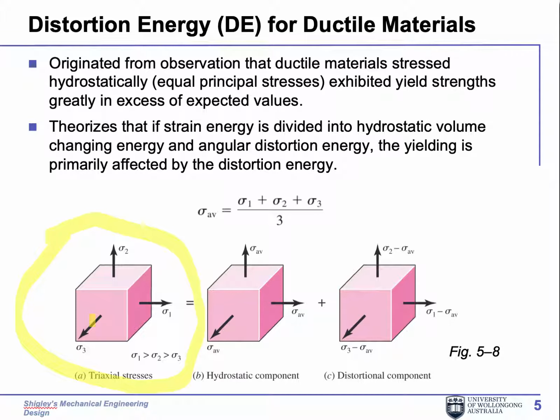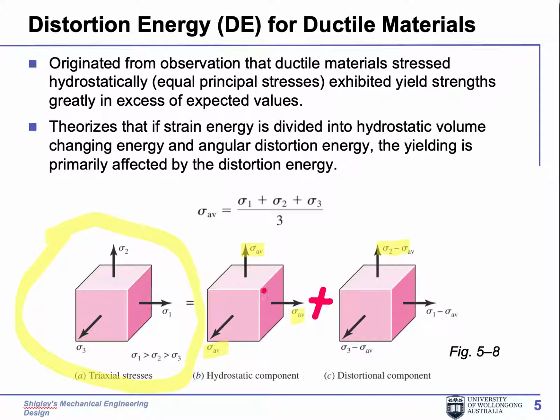We can split that into two components. One is the average, the other is the difference between each principal stress and the average. These two add together and you get the original situation.